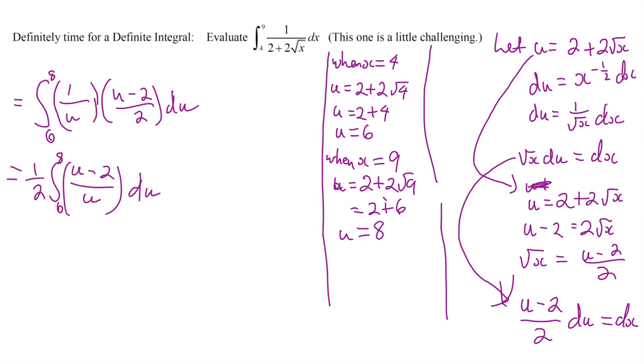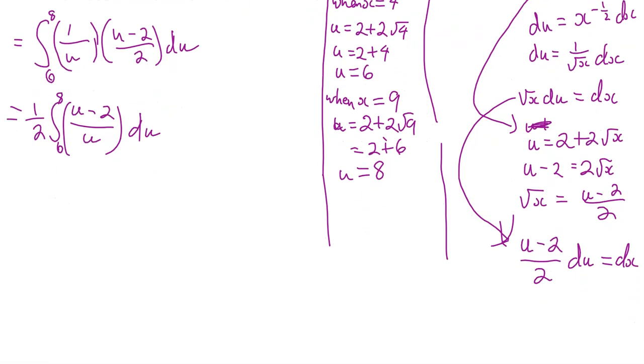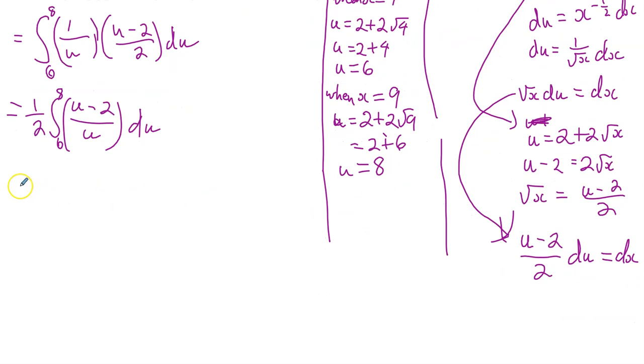And do we know how to handle this? We do. If we can get our scroll back. There we go. So we have 1/2, 6 to 8. u over u is 1 minus 2 over u, so we're just splitting this up.